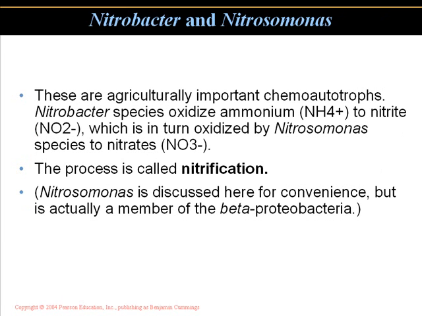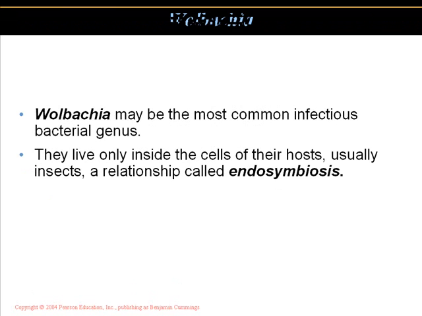Nitrobacter is an agriculturally important organism. Again, we talked about nitrogen, and the process of nitrification in agriculture is important. This particular organism you can see used there. Wolbachia is another common organism that lives in the host. It's an endosymbiosis relationship.